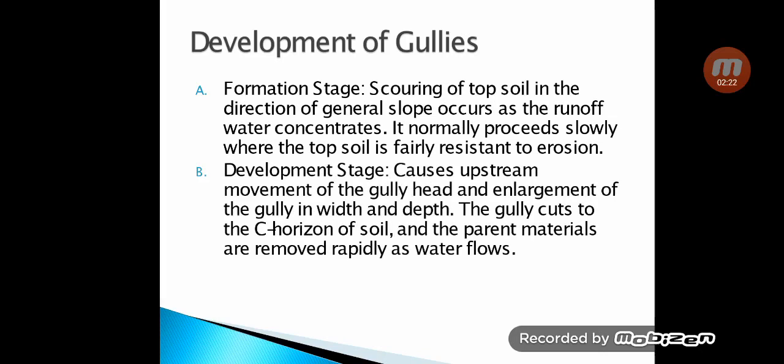The second stage is the development stage, in which upstream movement of the gully head occurs and the gully is enlarged in width and depth. The gully will cut into the soil horizon and the parent materials are removed rapidly as the water flows. So this is a fast stage, as the soil is removed rapidly.